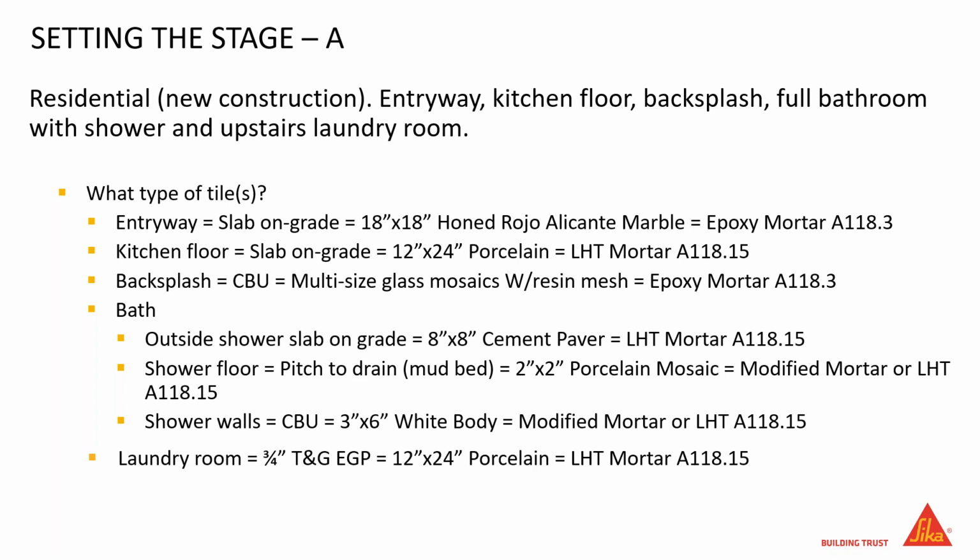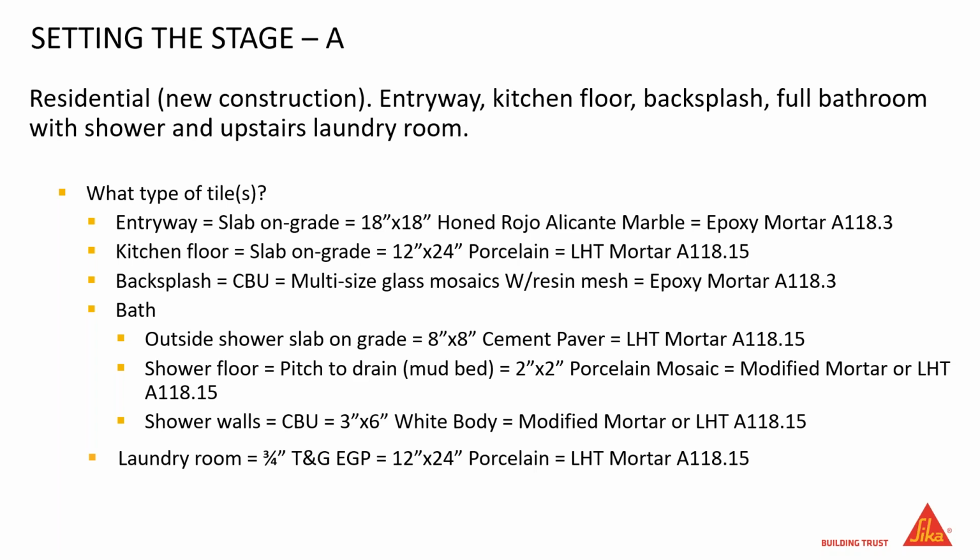But how many of those does it take to make a square foot? That should be 2.5 pieces. So now we've got 2.5 pieces and we're well over exceeding the weight of what a thin set mortar can use. And so we need to make sure that we're using an LHT mortar. So it's an 8x8 cement paver. We're using ANSI 118.15 LHT mortar.